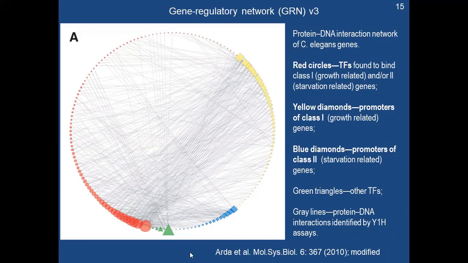This one seems to be interacting also with transcription factors, whereas I'm not sure whether these are interacting with other transcription factors. They are interacting with genes, but the green ones seem to be interacting with the other transcription factors. So that could be interesting too.